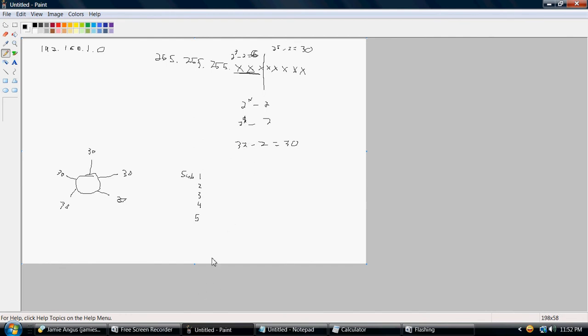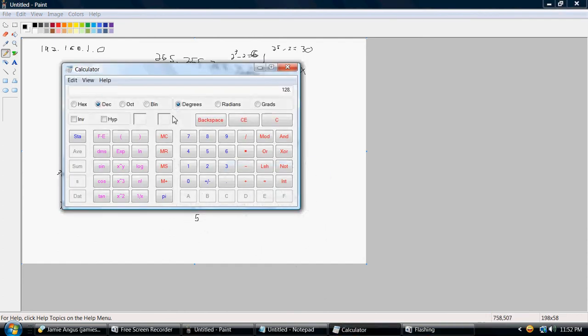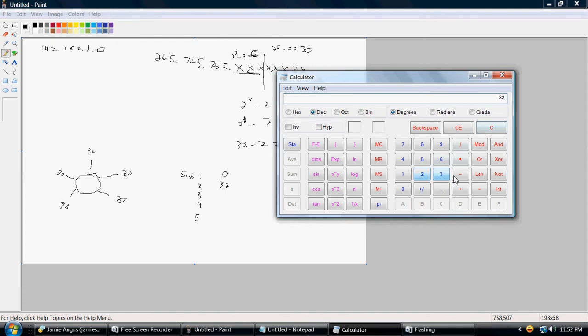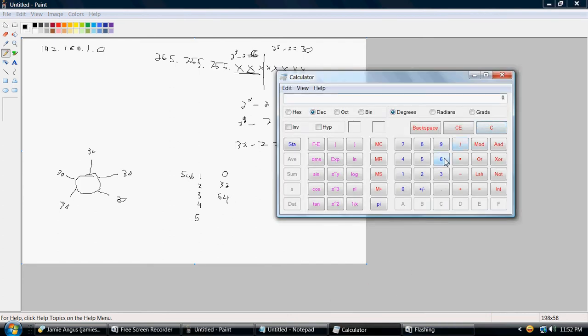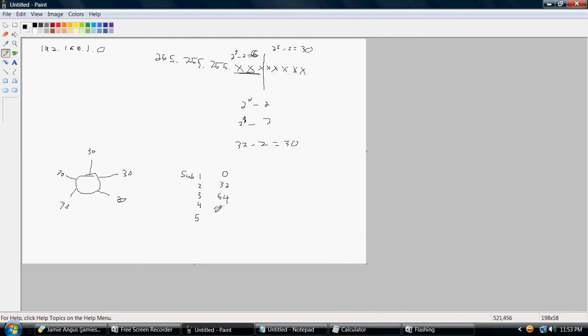We always start out with 0, so we get 0, 32, and then 32 plus 32 is 64. 64 plus 32 is 96. And 96 plus 32 equals 128.